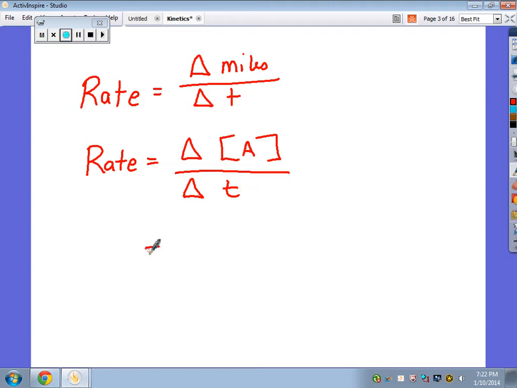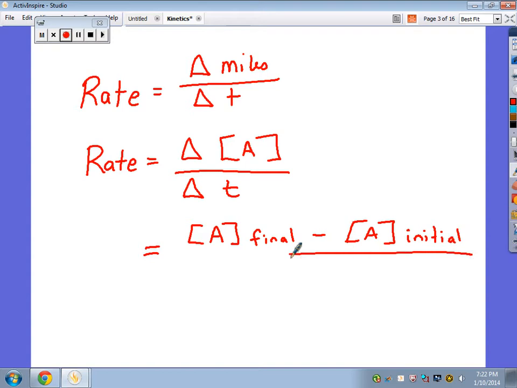So to do this, we're going to take whatever the concentration of A is, final, minus the concentration of A at a starting point, or initial. So final minus initial, or concentration at time 2 minus concentration at time 1.